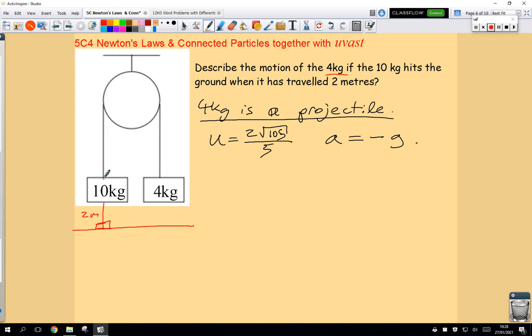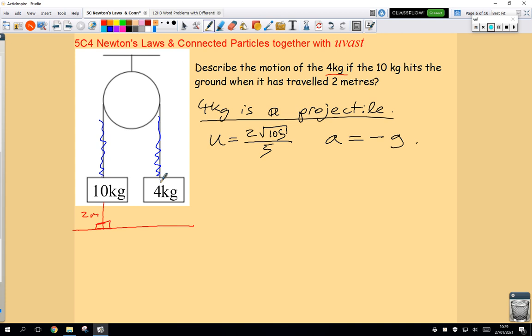That makes the string slack, as opposed to taut. The 4 kilogram particle will go up under gravity, eventually slow down and stop, then turn around and travel back down. And at some stage the string will become taut again, and we have something called an impact or a collision, which we haven't addressed yet, but we'll talk about in the next section of our course.